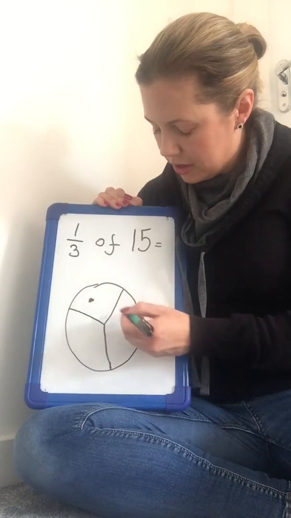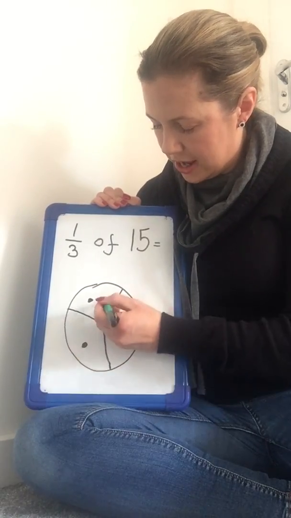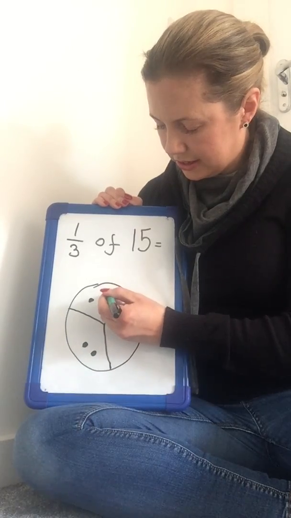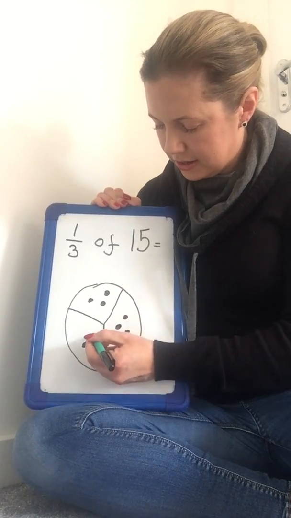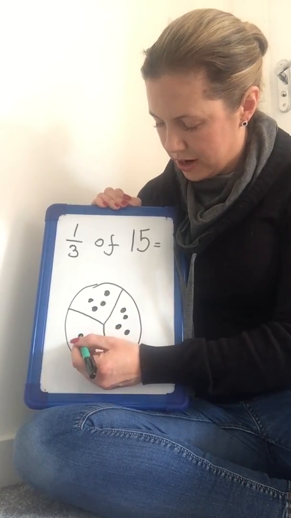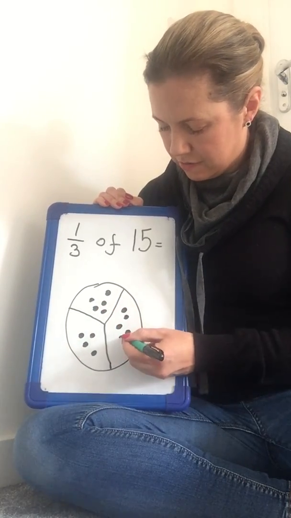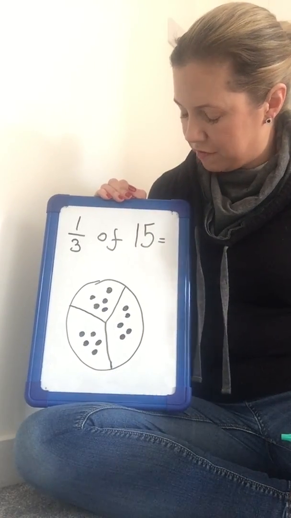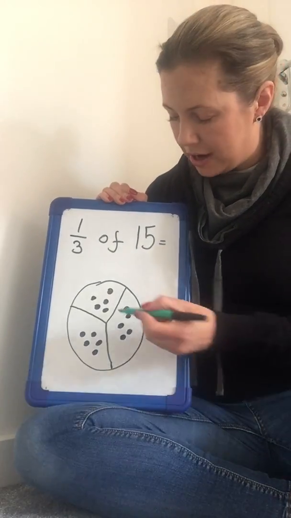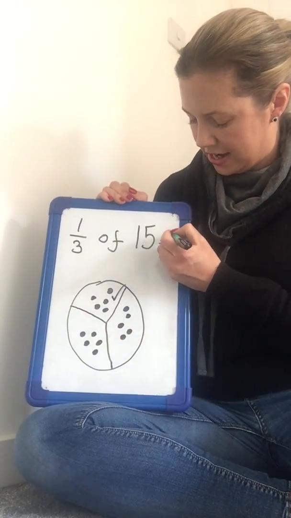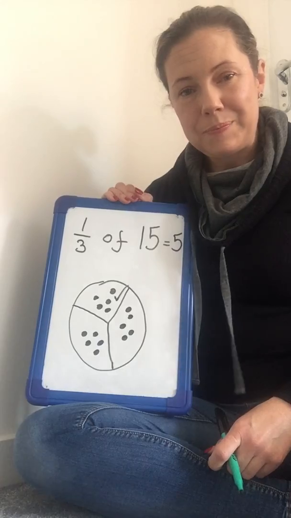Okay, so then 1, 2, 3, 4, 5, 6, 7, 8, 9, 10, 11, 12, 13, 14, 15. So we've shared out our 15 onto our fraction mat, and we tick one of those parts. So 1/3 of 15 is 5.